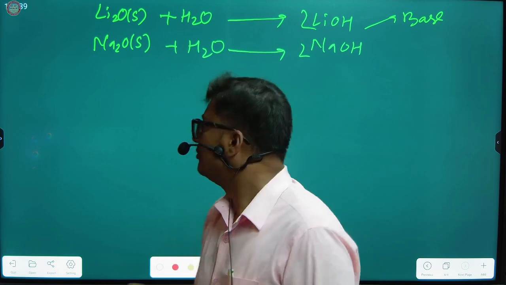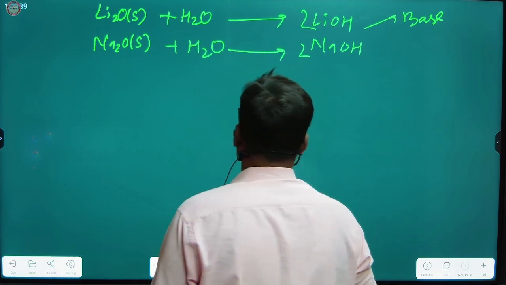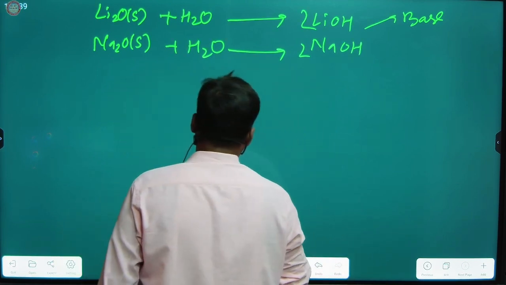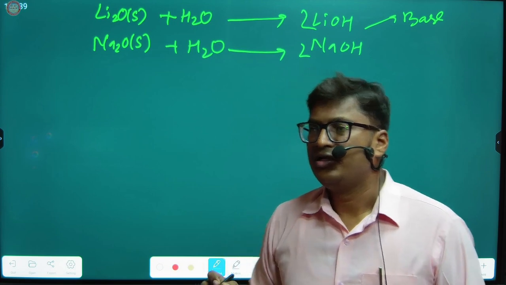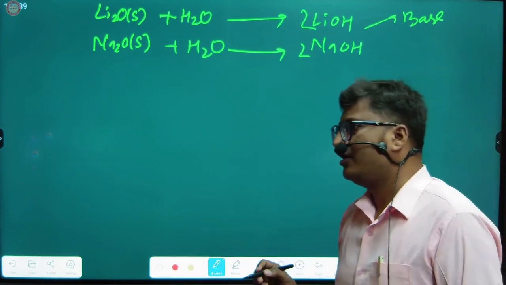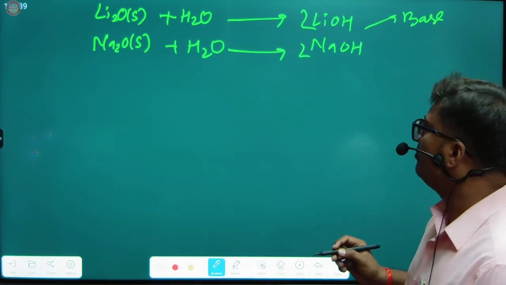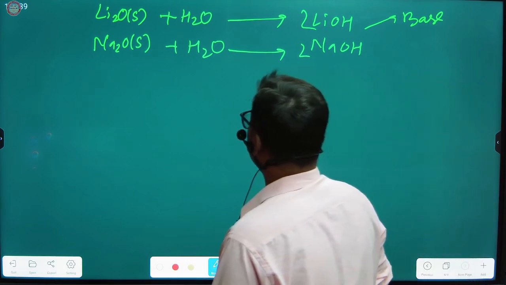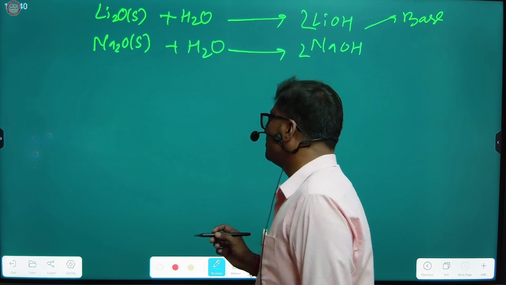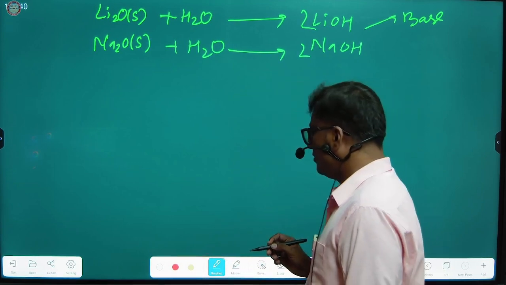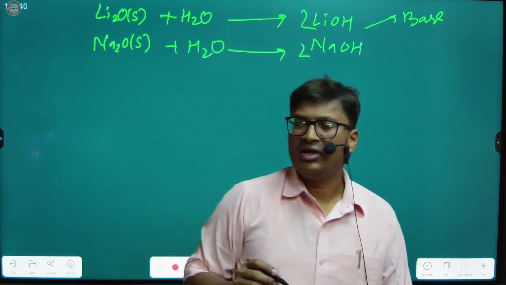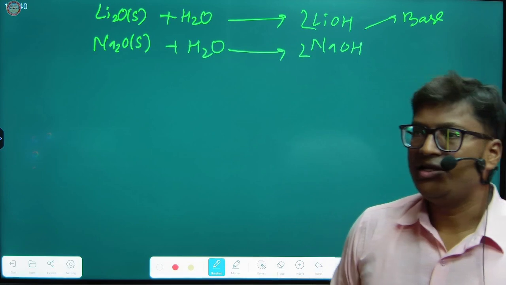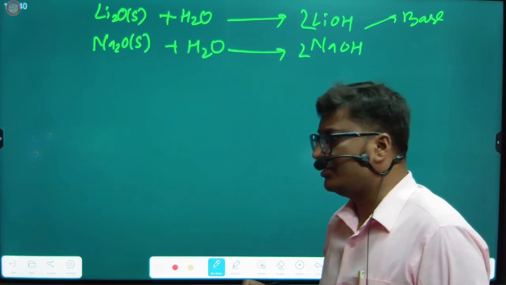Why is lithium stable in monoxide form, and why is sodium not stable in monoxide formation? Because of size and lattice effect and lattice enthalpy.